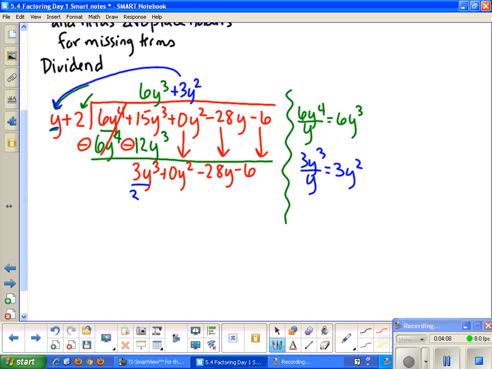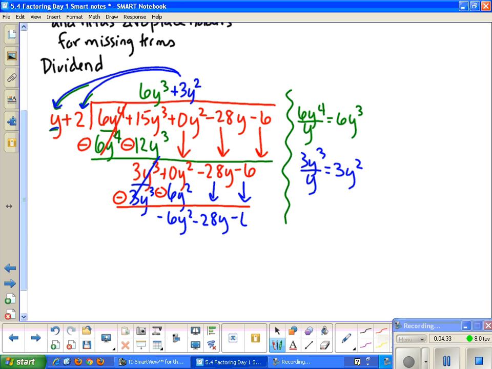So that gives me 3y cubed, which we did on purpose. That's why it's the same. And this times the 2 gives me 6y squared. And then, of course, when we're doing this, we want to change our signs. So this, we're subtracting. So our first terms cancel out, which we did on purpose. And then minus 6y squared, and then bring down your other terms. And then we're going to start all over.